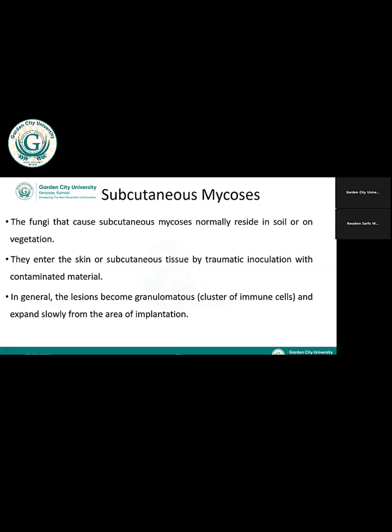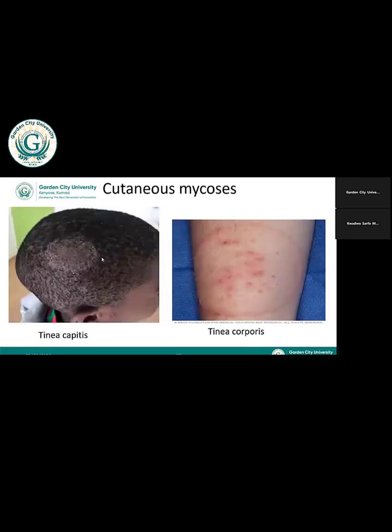Somebody is asking the difference between tinea and ringworm. So if we should go back, ringworm is just the general term for how the lesions or the pigmentations appear, because they form a ring-like appearance.